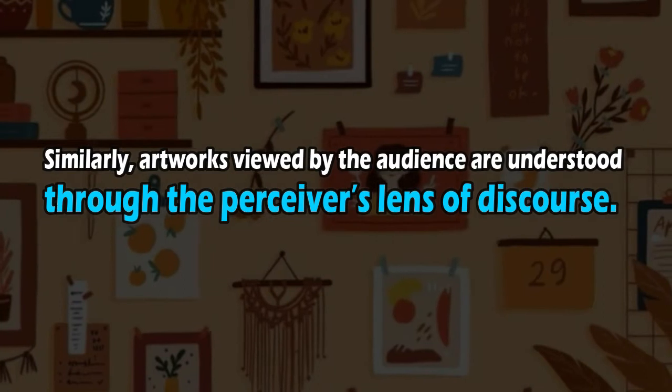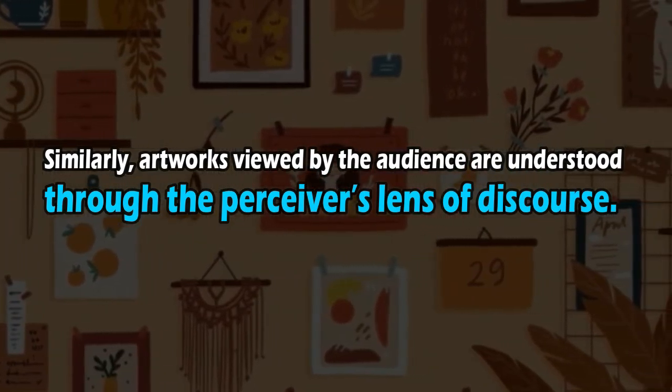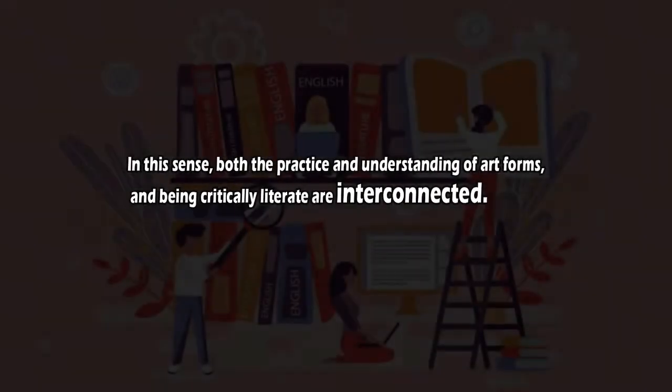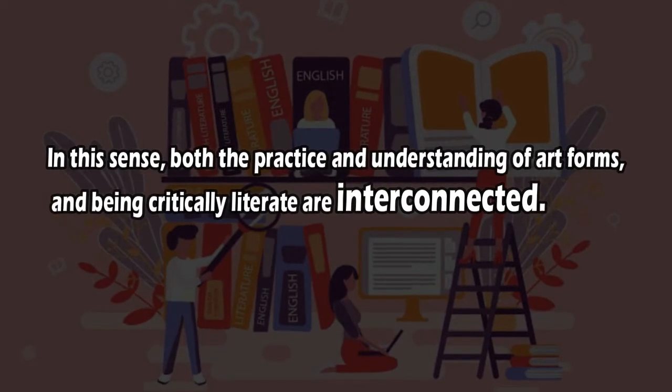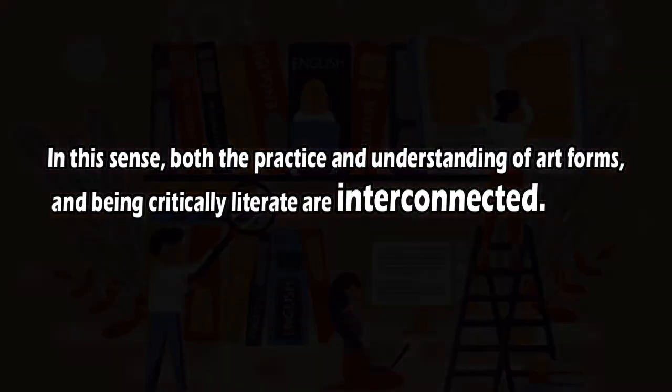Similarly, artworks viewed by the audience are understood through the perceiver's lens of discourse, and thus meaning is made. In this sense, both the practice and understanding of art forms and being critically literate are interconnected.